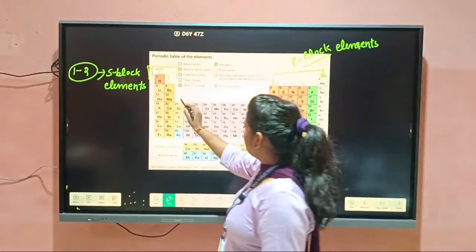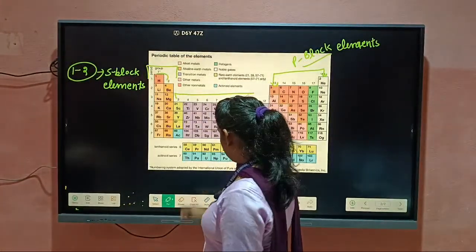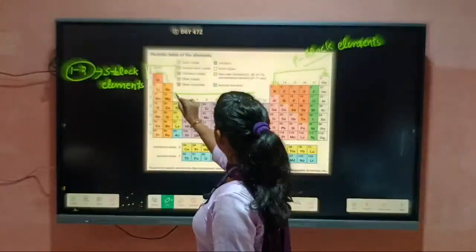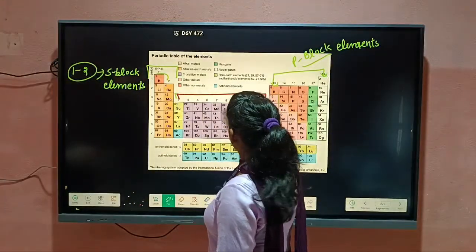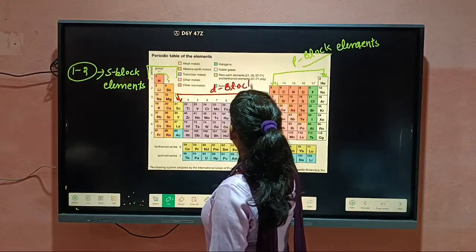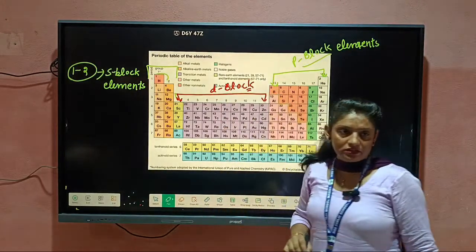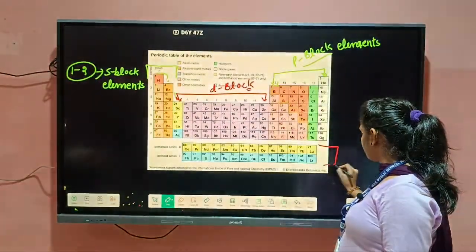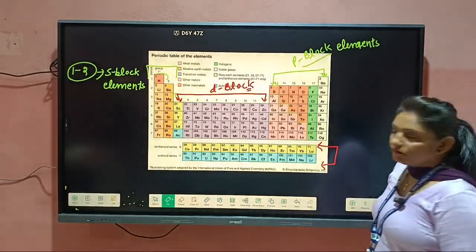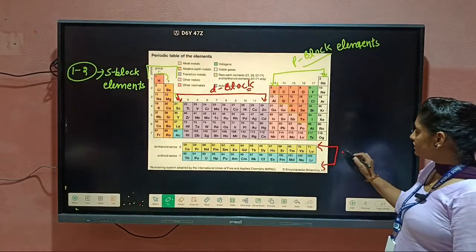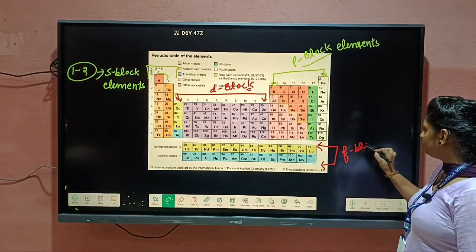Here, group number 3 to 12 is known as the D block, and the elements are known as the D block elements. And this series, the lanthanoid series and actinoid series, are known as the F block elements.